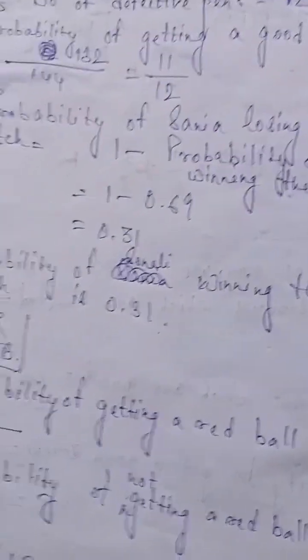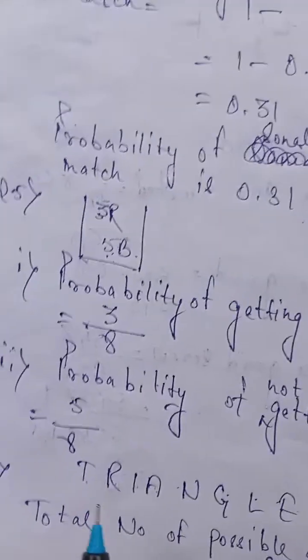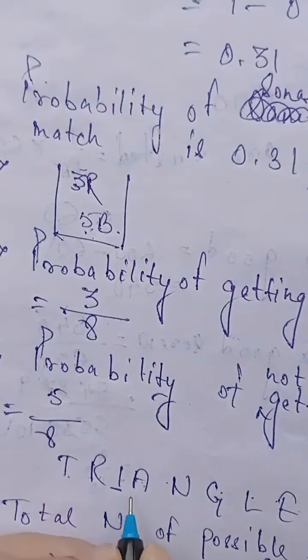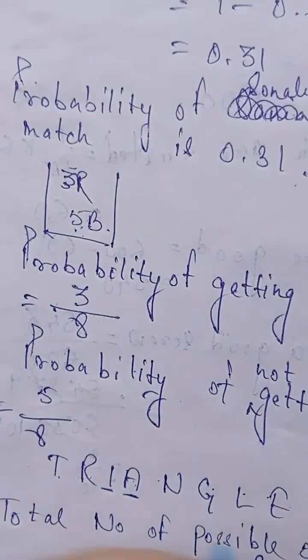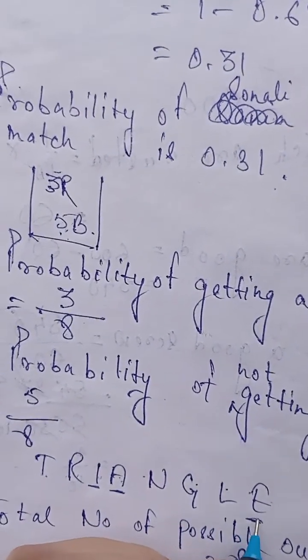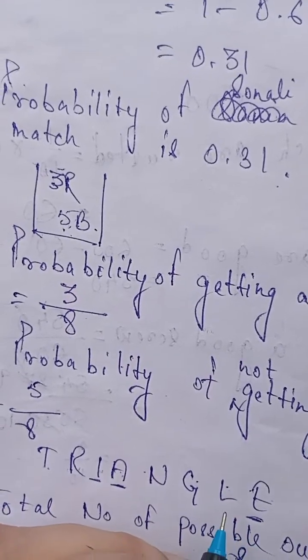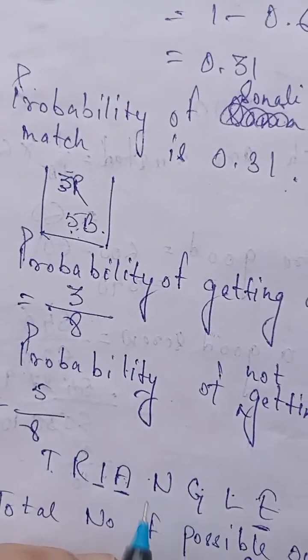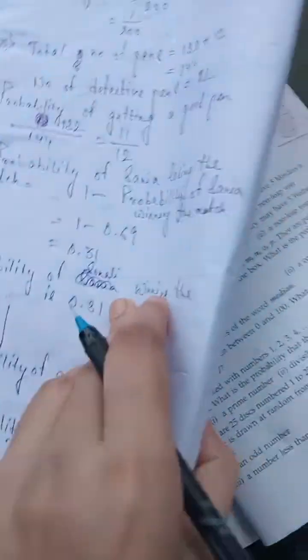Our favorable outcome is to get a vowel. So how many vowels do we have in this word? 1, I; 2, A; and 3. We have 3 vowels. You know that the vowels are A, E, I, O, U. So we have A, E, I, and O, U is not here. So we have 3 vowels in this word.